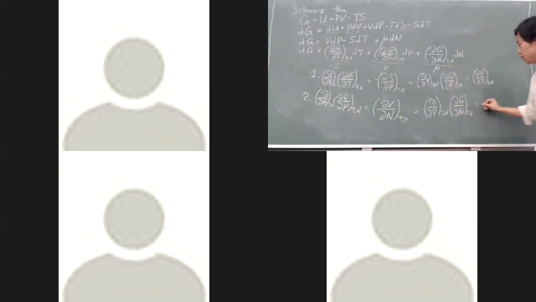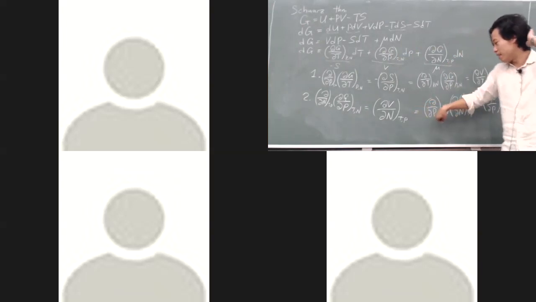So then this one is equal to d mu/dp of T and n constant. So it's the exact same game that you're playing, just swapping out these second derivatives. And this is your second Maxwell's relation.